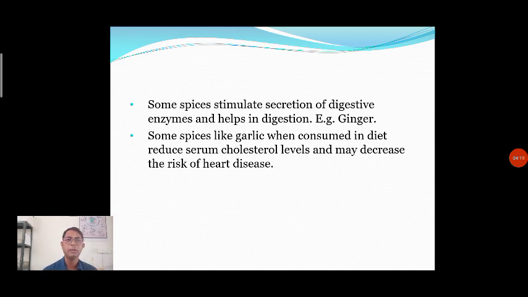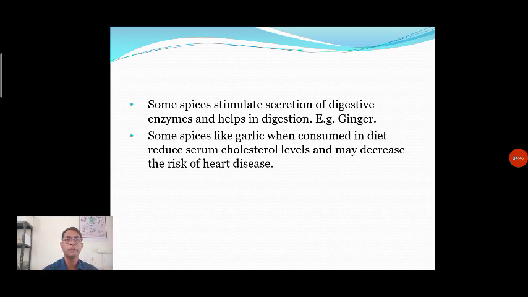In different ways, these spices help human beings to cure their health and remain fit. The other property is the preservative property. When we add these spices to the food material, they act as a preservative, and the food material is preserved for a longer duration.